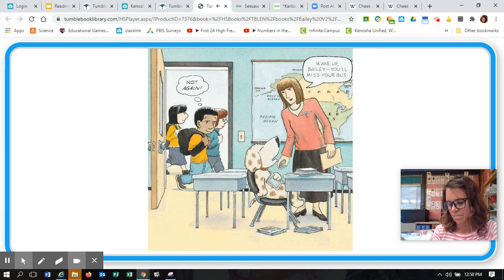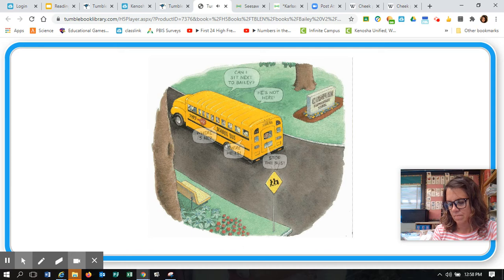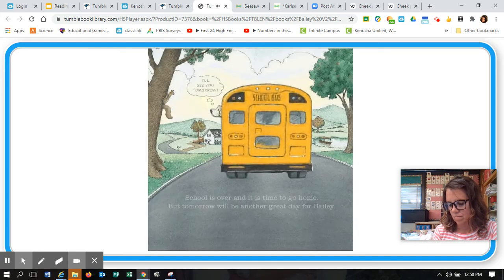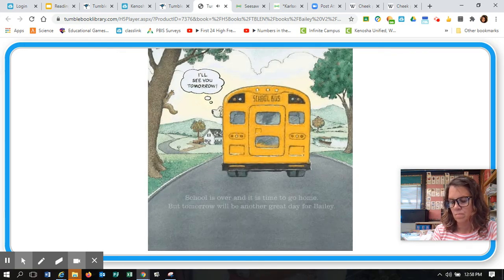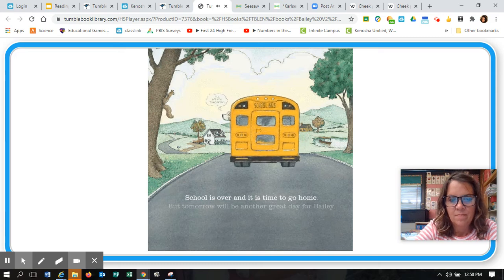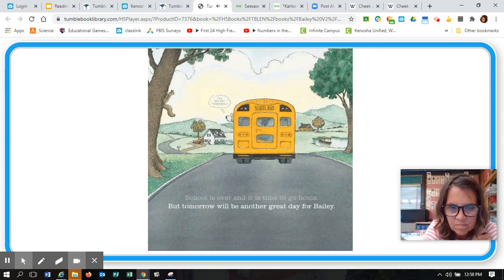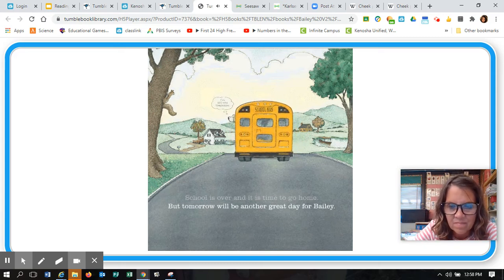Not again. Can I sit next to Bailey? He's not here. Where is he? There he is. Stop the bus! I'll see you tomorrow. School is over, and it is time to go home. But tomorrow will be another great day for Bailey.